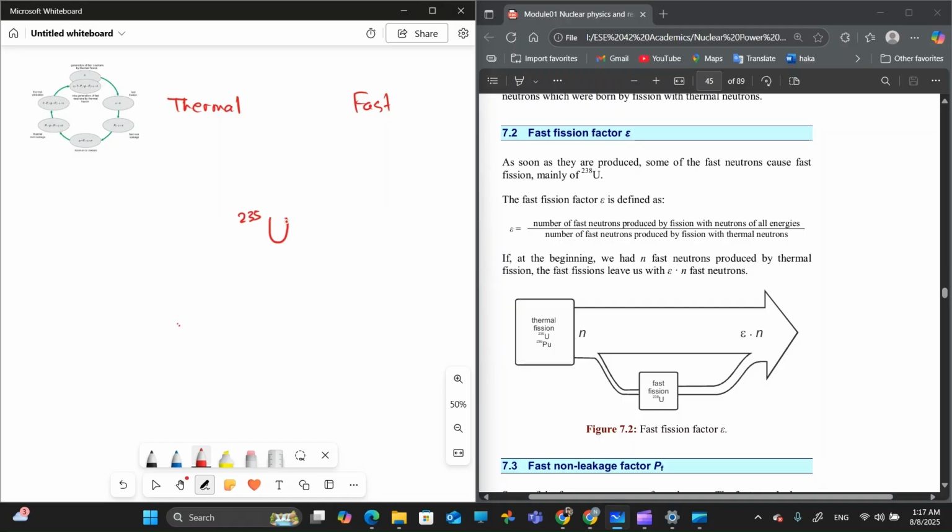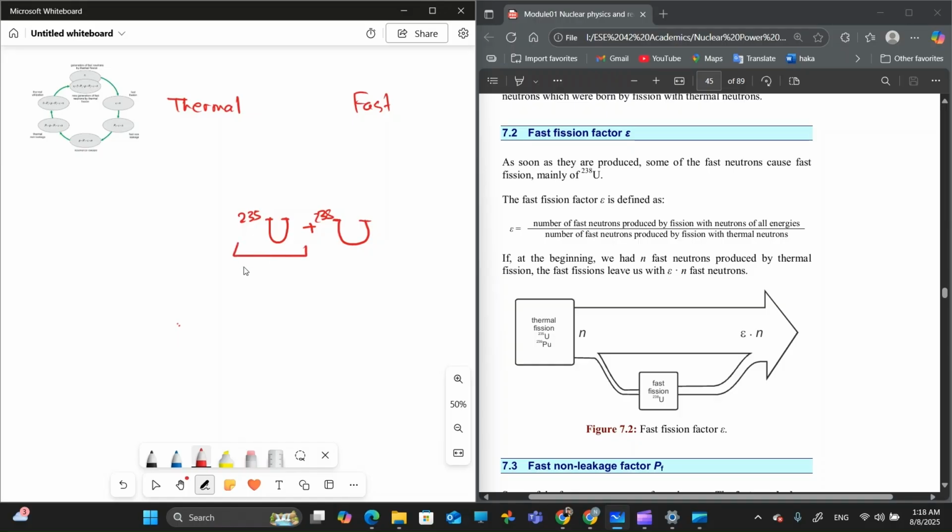Now, this uranium-235 is not all of the core. Basically, it is a very small portion of the whole fuel rod. The fuel rod consists of uranium-235 and 238.